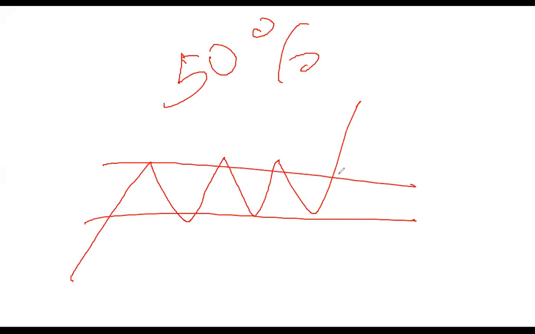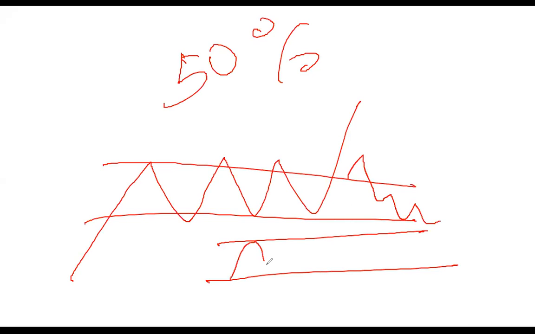Initially it looks like a level is getting broken, but pretty soon the price picks up a bit and again falls down and comes within the range. Or we see situations where the price breaks the support level, but pretty soon it once again comes back within the range itself.